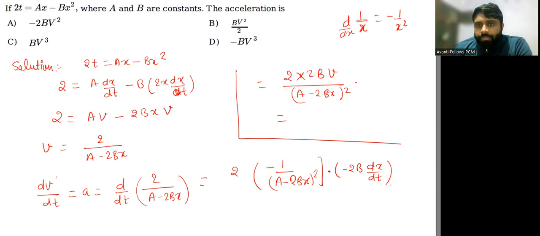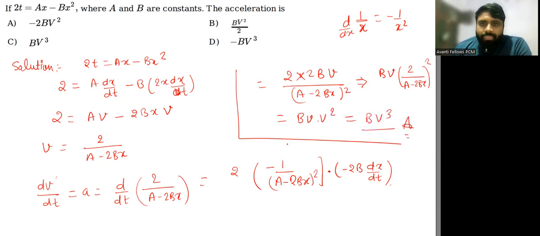So this will result in b v into v square, which is b v cube. Now option C is the correct option. I hope you got it. Next question.